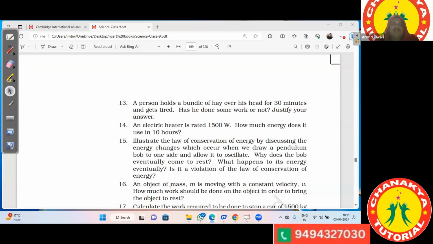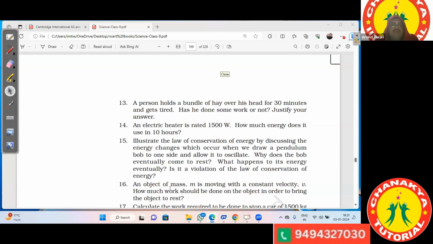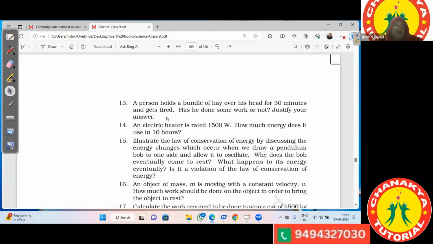Okay, so is hour the SI unit? We need to find in kilowatt hour. So either you can use kilowatt hour or you can use joule. If you want to use joule, in that case you have to convert your hour into second.